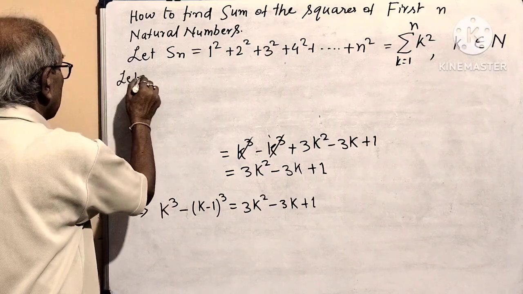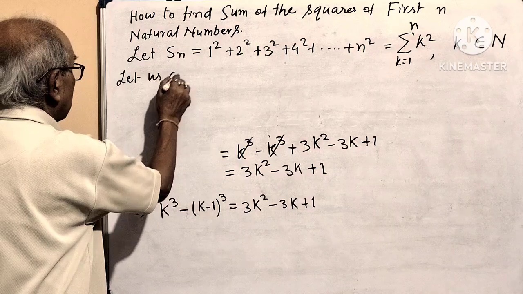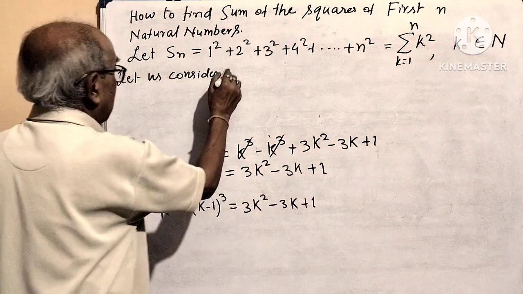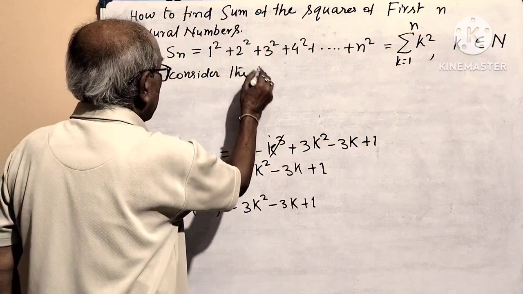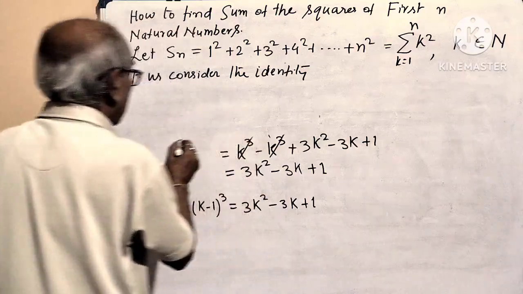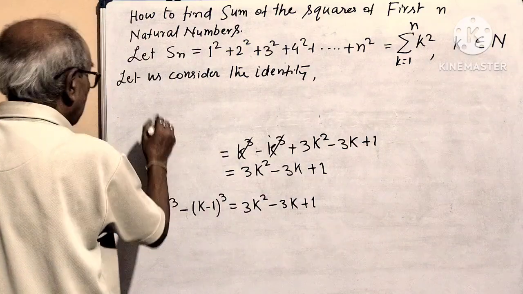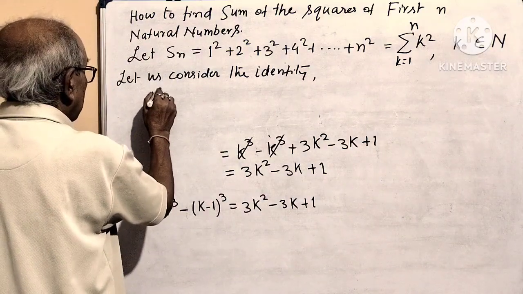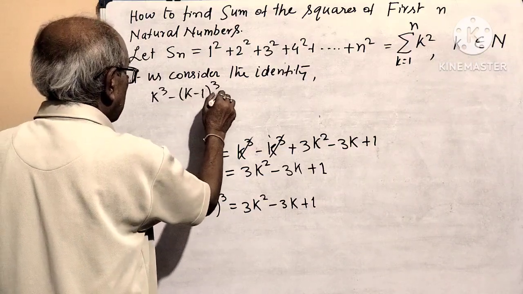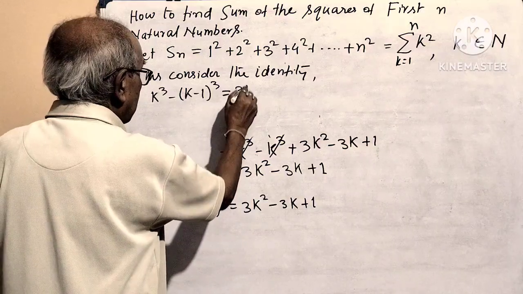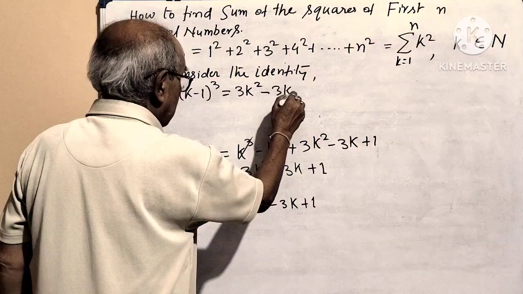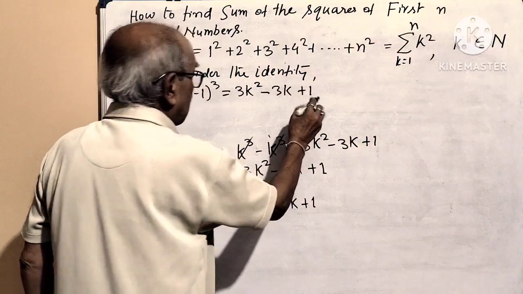So let us consider the identity k cube minus (k minus 1) cube equal to 3k square minus 3k plus 1.